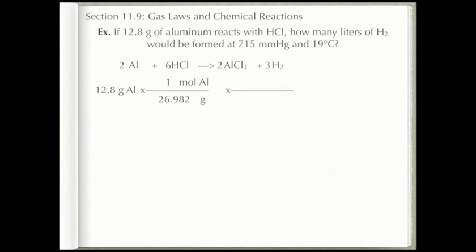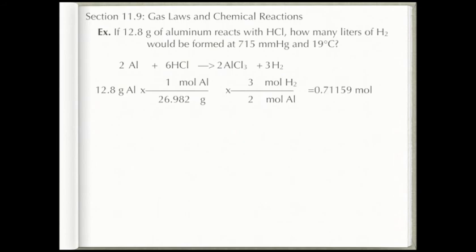I'm now in moles of aluminum. I'm going to get into moles of hydrogen, so I'm going to put moles of aluminum on bottom, moles of hydrogen up top, and that ratio is based on the coefficients, so it's going to be 3 to 2. Now I can figure out my moles of hydrogen. I'm going to take 12.8, divide by 26.982, and then multiply that by 3, which is the moles of hydrogen, and divide that by 2.